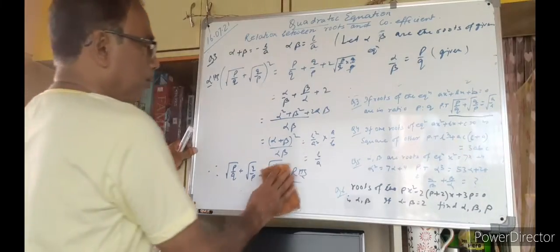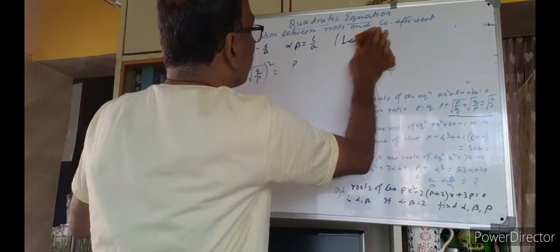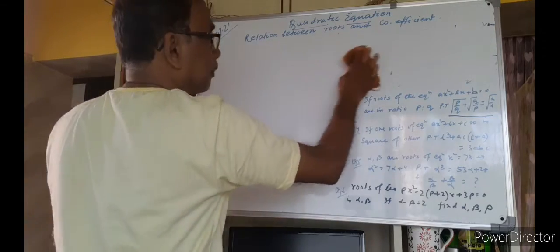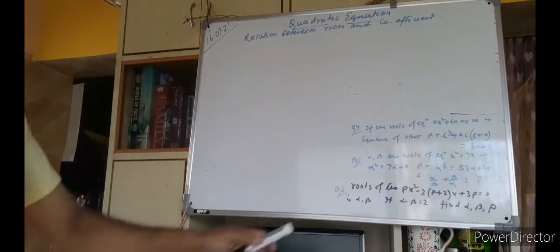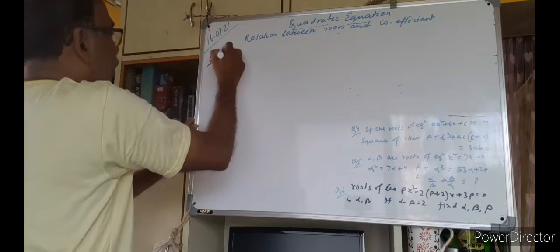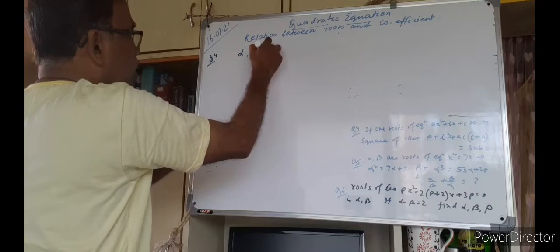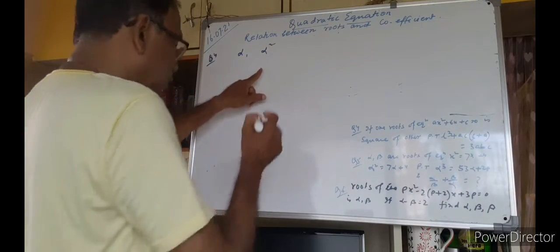Next, sum number 4. If one of the roots of the equation is the square of the other. Question number 4, let one root be alpha, the other root will be alpha square.